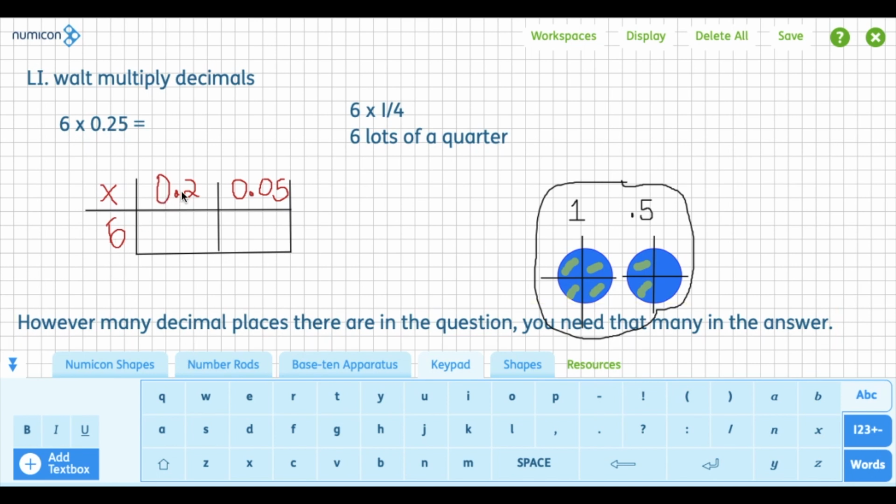So 6 times 2 is 12, but I need a decimal place, so it's going to be 1.2. So if you're thinking about it that way, it's 6 times 2 tenths, and you're going to end up with 1 whole and 2 tenths here.